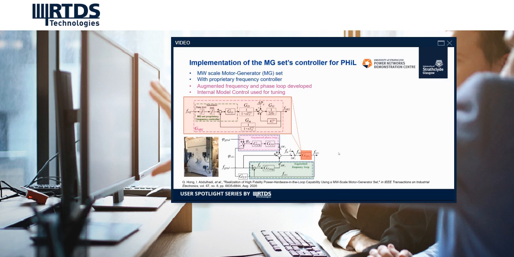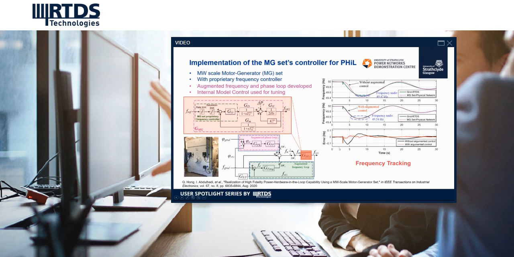These controllers are implemented in RTDS, so the MG set still receives only a frequency signal, without any changes to the original controller. When we perform the analysis of the whole system, it ends up with high order dynamics, so we use internal model control for designing and tuning the controllers. The details can be found in the paper at the bottom of the slide.